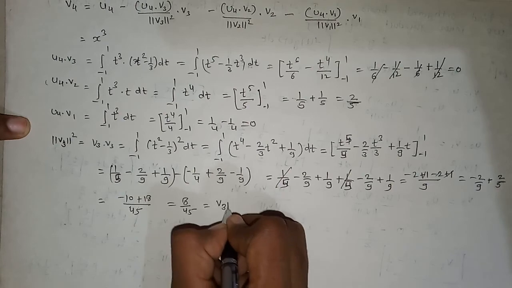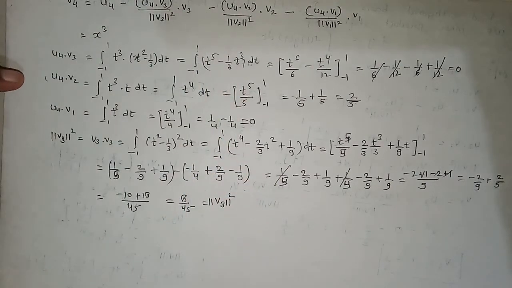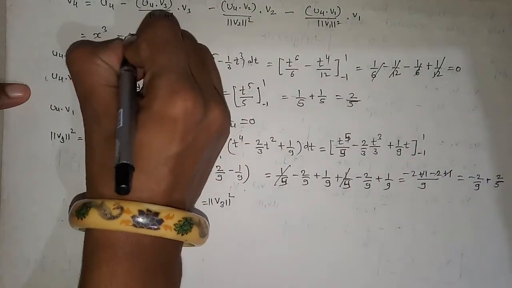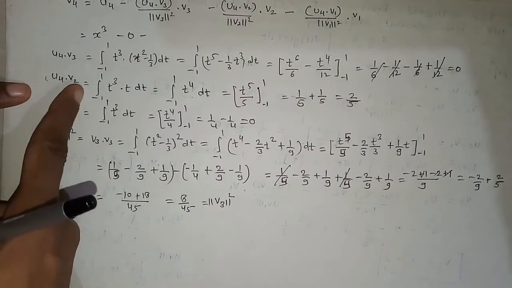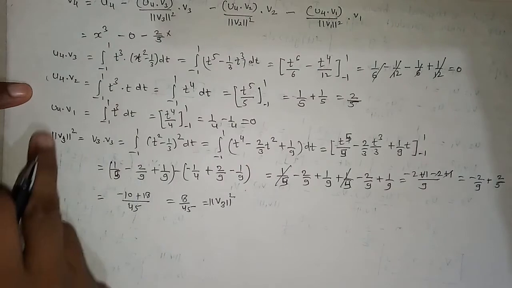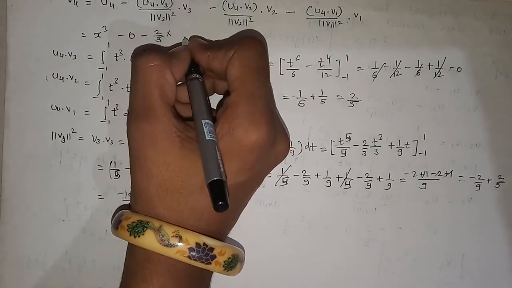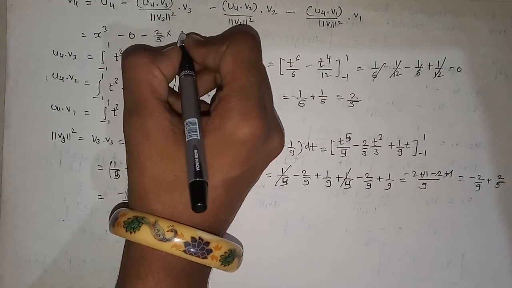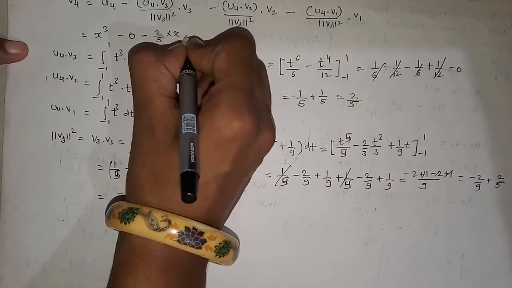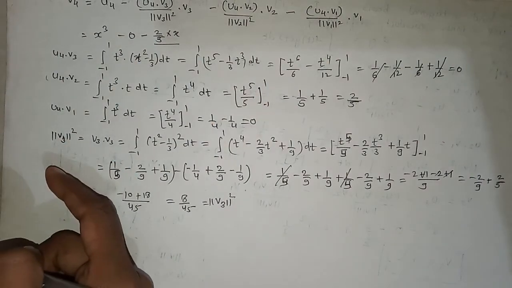as norm of V3's square. So on substituting all the values in this, U4 dot V3 is 0. So this entire term becomes 0. Now U4 dot V2 is 2 by 5 into V2, we have V2 as x upon norm of V2 square, we have already calculated.